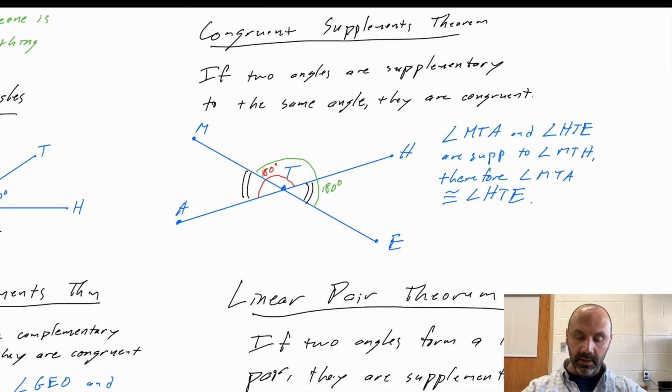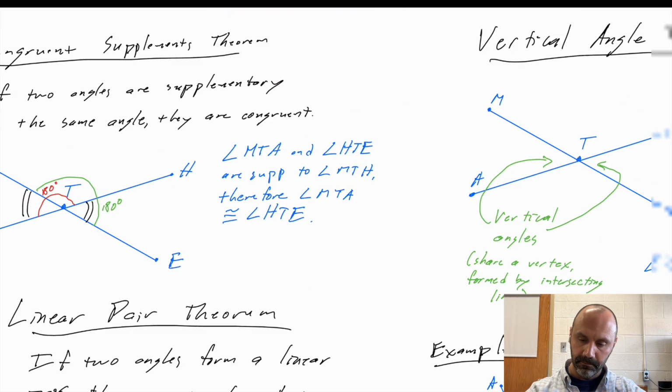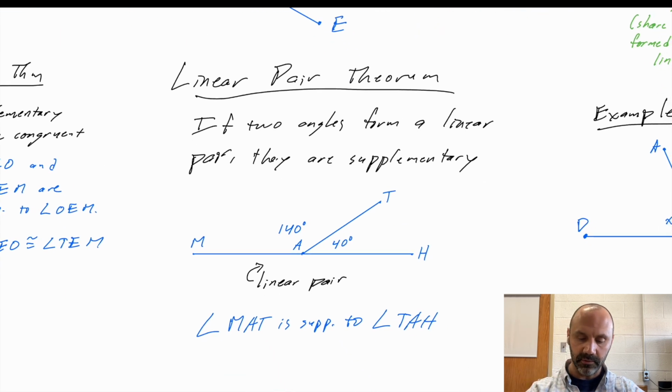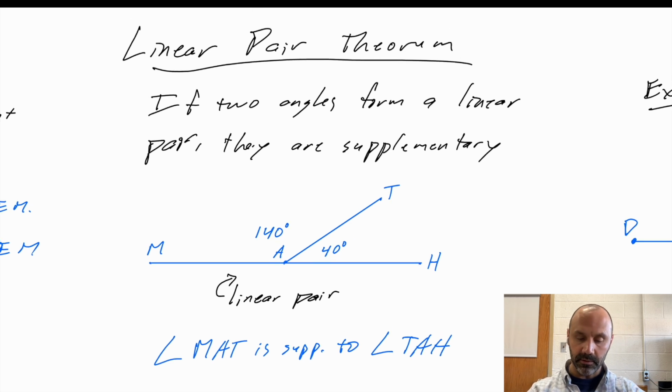This leads us to the linear pair theorem, or actually, this doesn't lead us to the linear pair theorem, we're going to get to something else in a minute, the vertical angle theorem. But the linear pair theorem, I alluded to this before. In fact, I just copied the diagram from the previous example of supplementary angles. If we have two angles that form a linear pair like this, then they are supplementary.